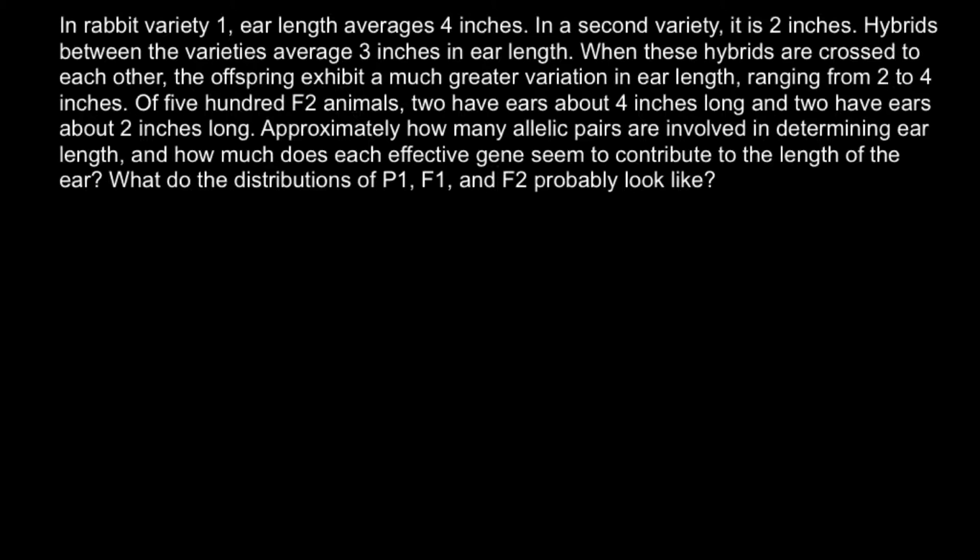Of 500 F2 animals, 2 have ears about 4 inches long and 2 have ears about 2 inches long. Approximately how many allelic pairs are involved in determining ear length, and how much does each effective gene seem to contribute to the length of the ear? What would the distributions of parent 1, F1 and F2 probably look like?